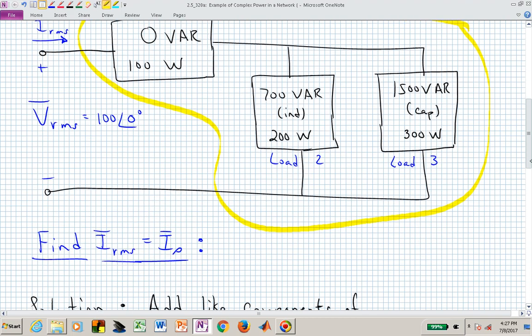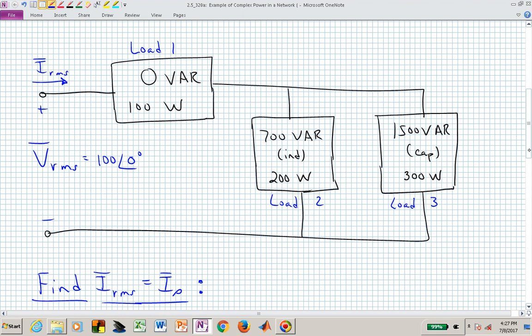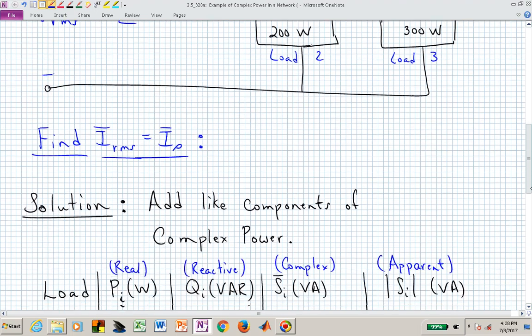In order to find what I've now highlighted in yellow, I need to find the total complex power in this system, and I can do that by adding up the component parts of the individual load powers. The real parts, or the average power, I can add up algebraically. I can add up the reactive powers algebraically.